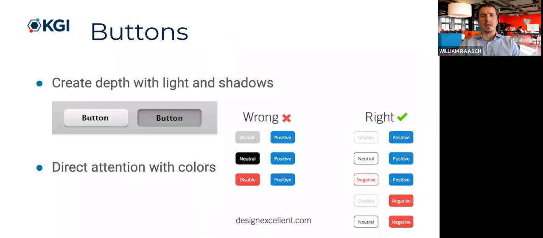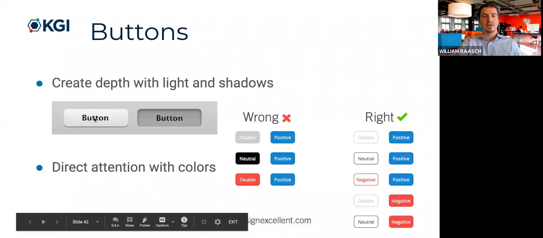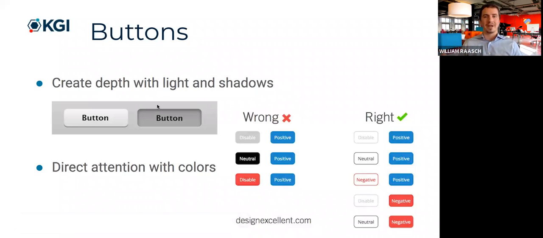Okay, so buttons. Buttons are going to be very useful for your prototypes because you want to create function. And so buttons are usually the number one way that you produce some sort of function. So we'll get to this when we talk about JavaScript, but basically a website is typically static until you click a button, and then that'll trigger the JavaScript to do something, right? Whatever that might be.